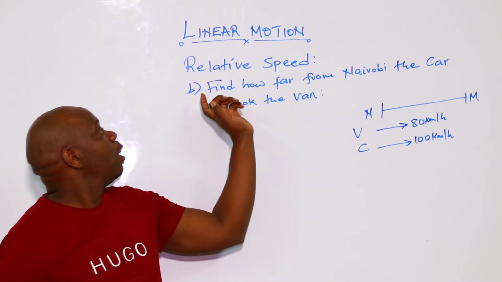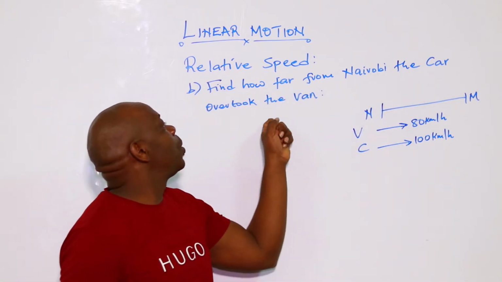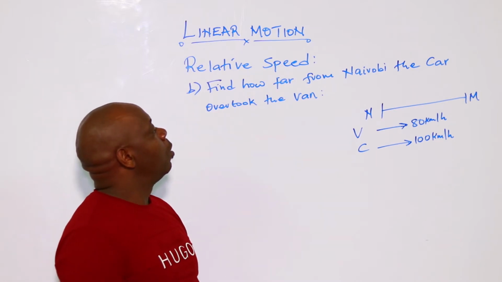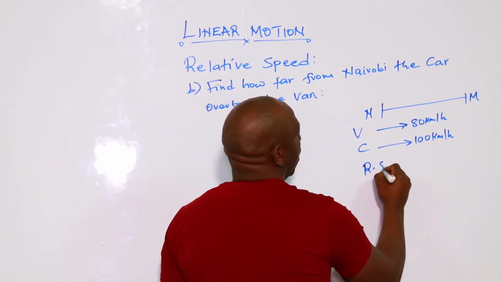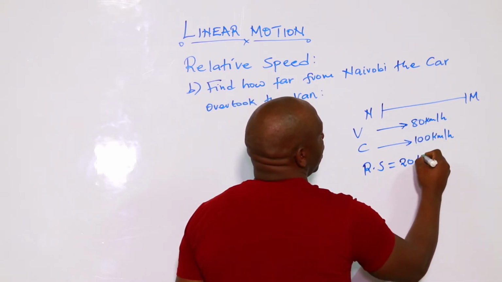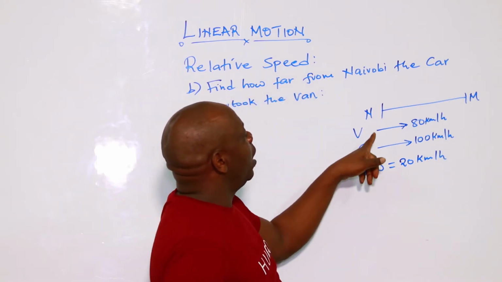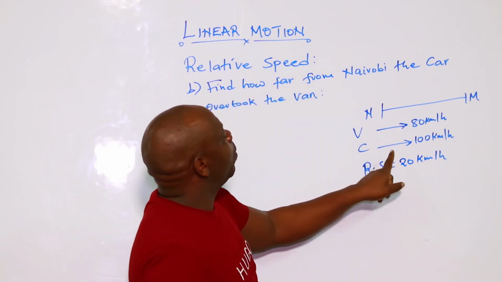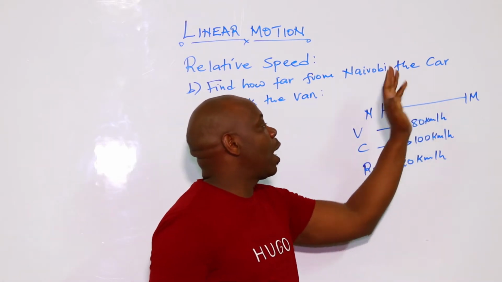On to part B, you have been told to find how far from Nairobi the car overtook the van. So we have seen that the relative speed is 100 minus 80 to get 20 kilometers per hour. Then the question was saying by the time the car was starting, the van had gone for half an hour.